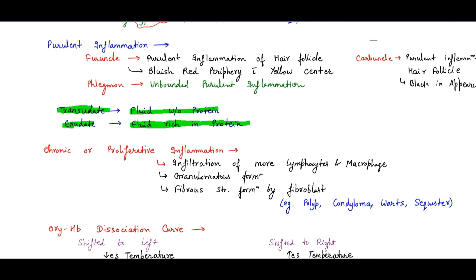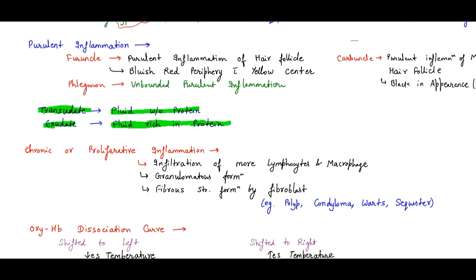Okay, what will we find if we have chronic or proliferative inflammation? Chronic or proliferative inflammation means there is infiltration of more lymphocytes and macrophages. Now there is granulomatous formation, which is seen in chronic or proliferative inflammation.